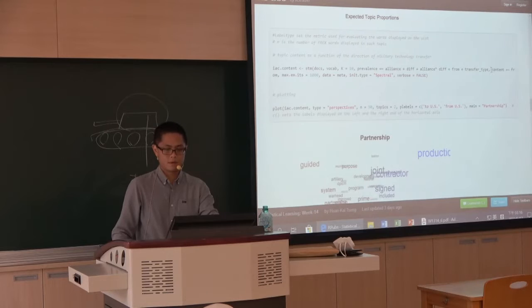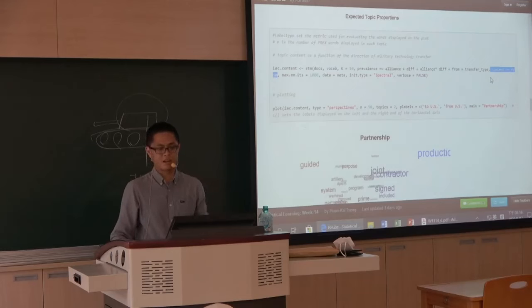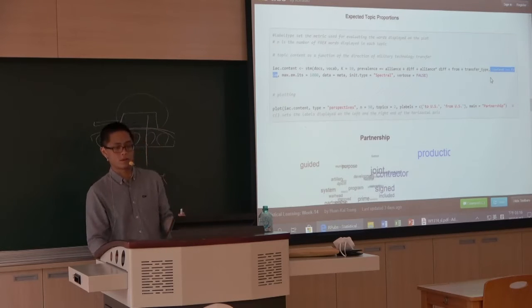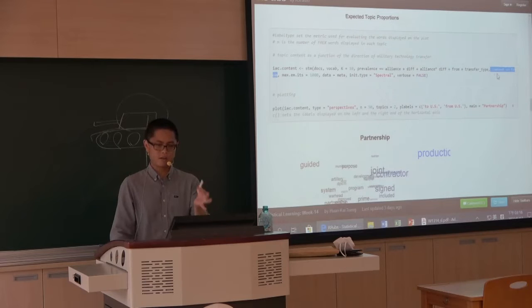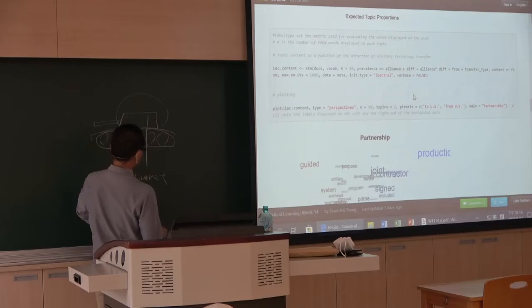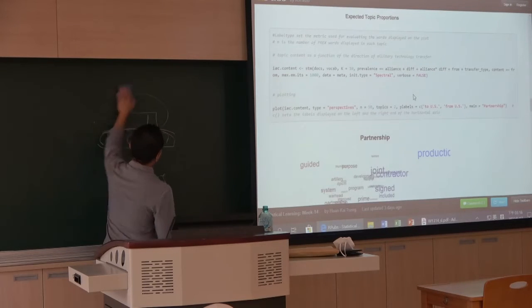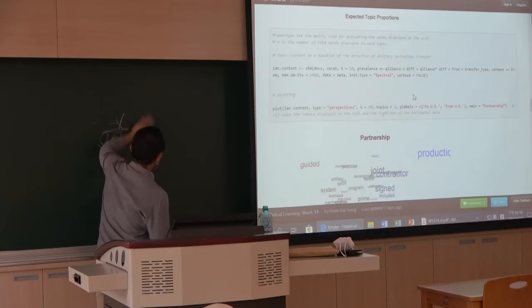But here, the only different argument is here. The content, which is an outcome variable, means the terms used in those documents. So here, I tell R they should be distributed as a function of the form of collaboration, which has 3 types.